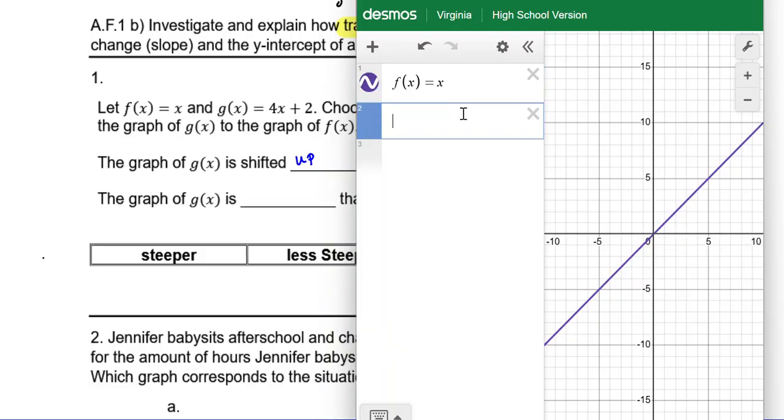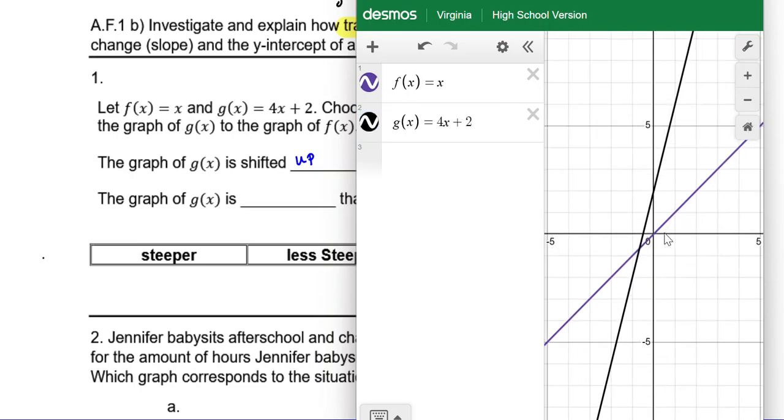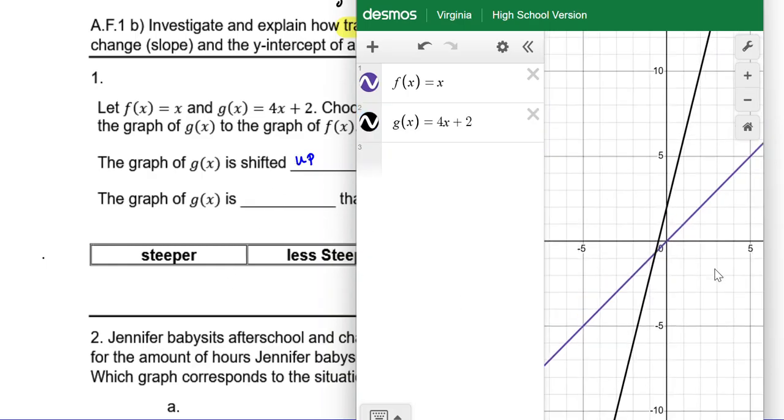And then let me put the g of x equals 4x plus 2. So I know it moved up because the y-intercept shifted up 2. And then it's definitely steeper because look, it's going closer to the y-axis, so it's going to be steeper. And that's it.